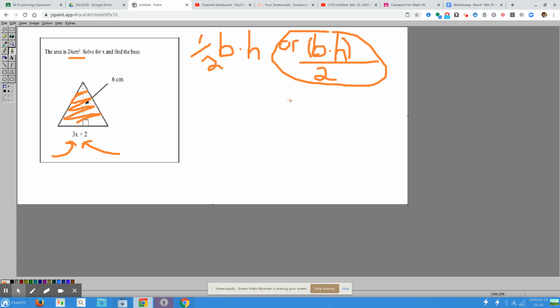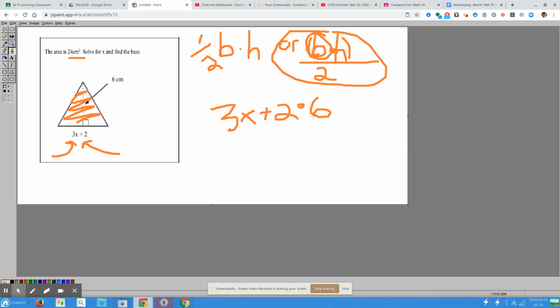as my equation. So if I'm using that as my equation, I'm going to take the 3x plus 2, the length of the base, which in this formula is represented as b, 3x plus 2 times the height of the triangle, which is shown with this height line here, 6 times 6.